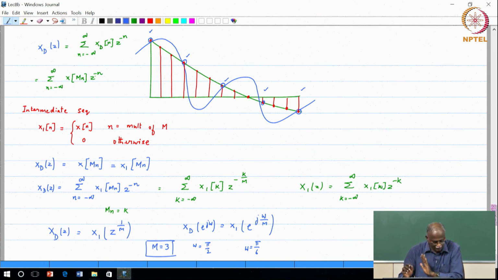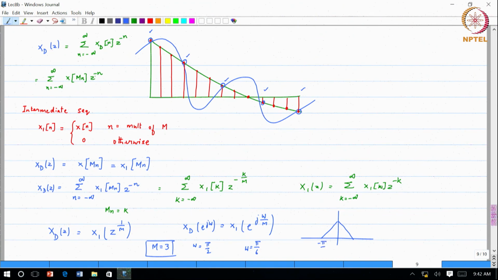So again, do not be confused by what we are drawing. I am going to draw a signal that goes from minus π by 6 to π by 6; this is for X1(e^jω). This is purely for illustrative purposes. If I have a spectrum that looks like this, then Xd is going to be the same thing stretched by a factor of 3.